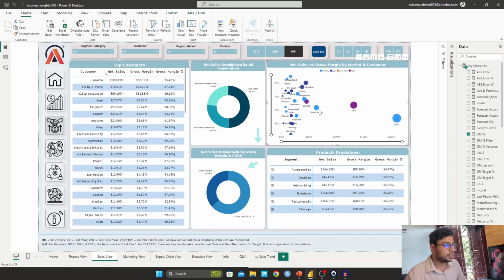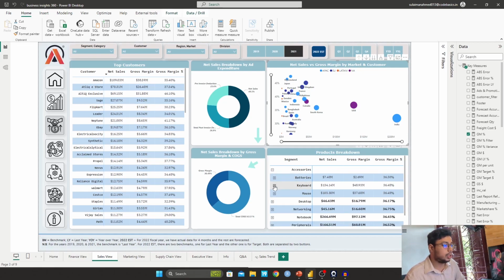So the scatter plot matrix is showing all this information to the sales executive, and there is also a product breakdown table. From this table, the sales executive can get some decent information on how the product is doing.